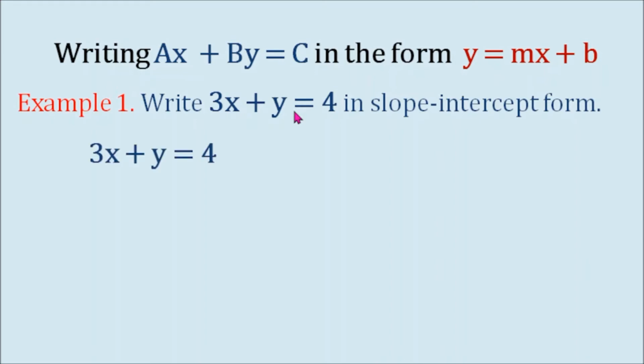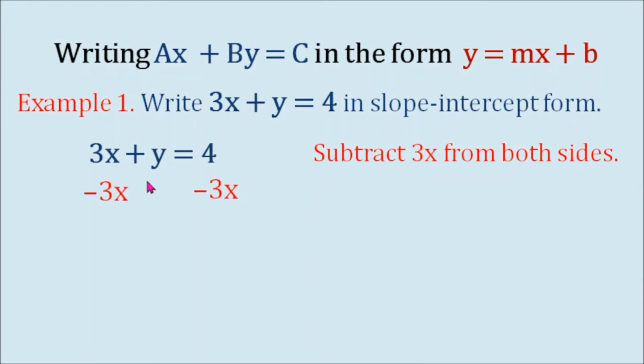To do that, we are going to subtract 3x from both sides. After this step, this is what we get: y = -3x + 4. This is our answer.